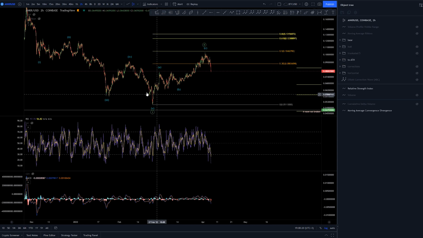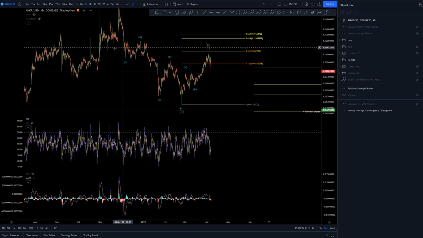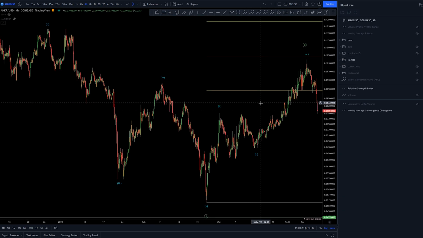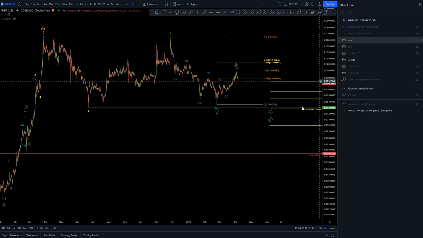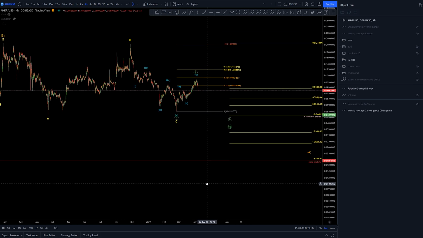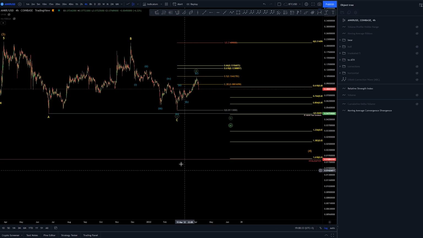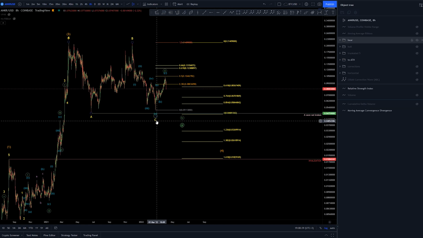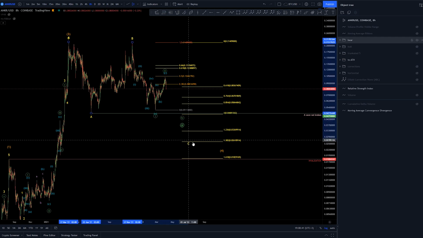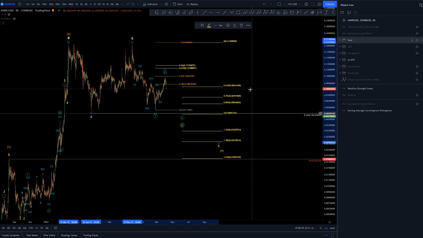Now another bearish count that I had to show you is this one, and this would show you that, again, basically similar to that last bull count, but instead of wave C ending here, wave C would end somewhere around these parts.